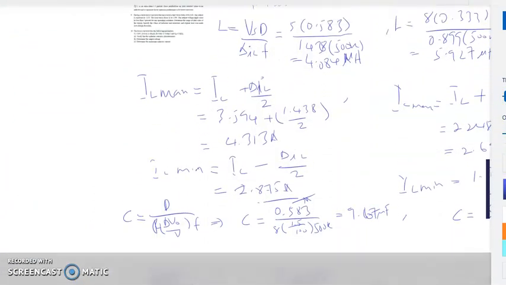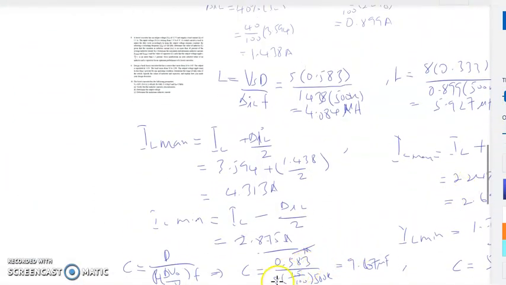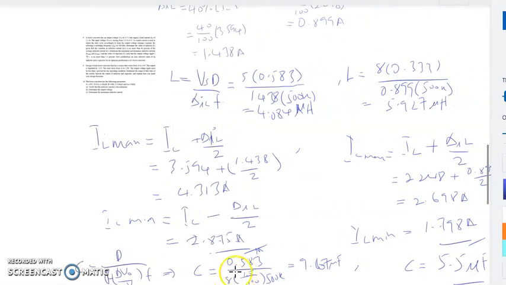So the most proper capacitor is 9.67, so this is the capacitor that we shall use. Meanwhile, in terms of inductance, this is the value that we shall use. That's all for our discussion on question number 8.